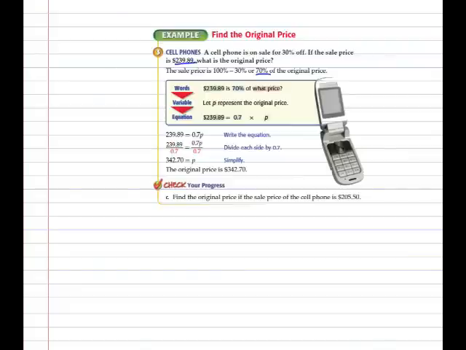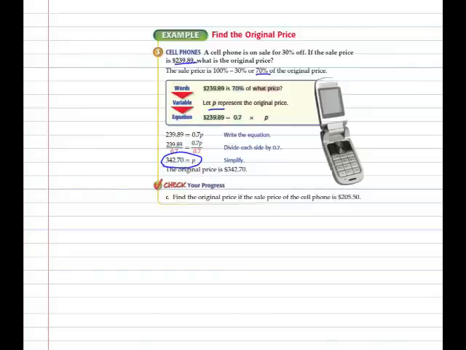So in my setup here, $239.89 is 70% of what price? That price is going to be P. So my equation looks like this. $239.89 equals 70% of P, or times P. What I do then is I simply divide both sides of my equation by 0.7, and I find that my original price was $342.70.